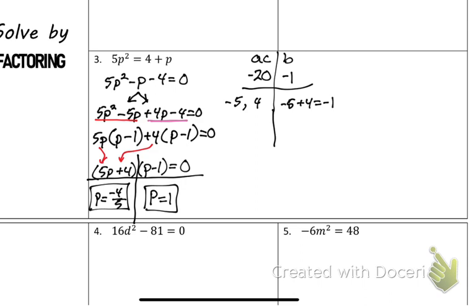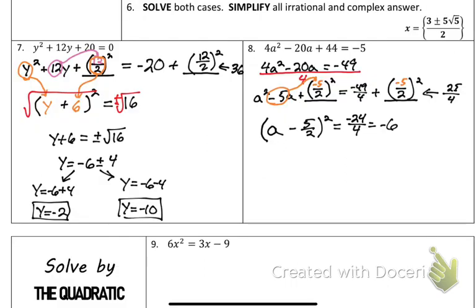Let's say if I factored this and it turned into 5p plus 4 times 5p plus 4, I'd turn it into 5p plus 4 squared. It only works if it's a special case, and we are creating that special case. So it's just whenever A and C are both squared. Yep.